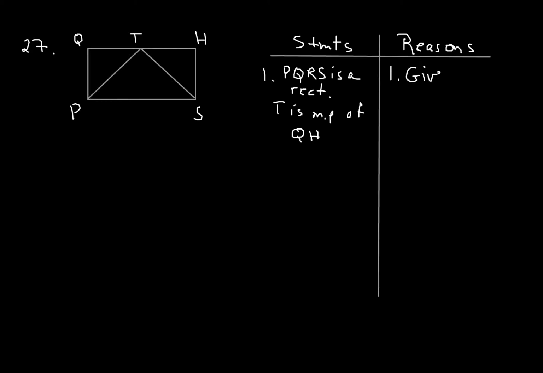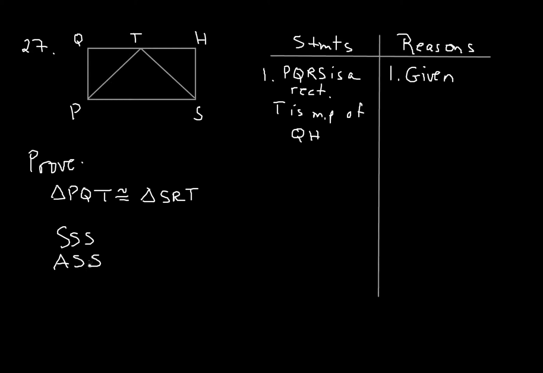Now it's all fun. What we're trying to prove is that triangle PQT is congruent to triangle SRT. We do this by, we can either say the triangles are congruent by side, side, side, side, angle, side, angle, side, angle, and I think that's the last one.